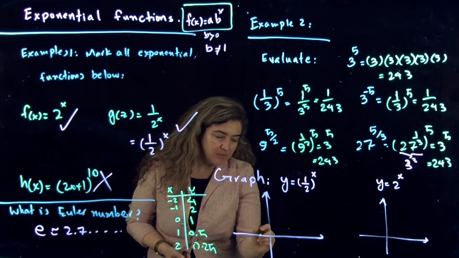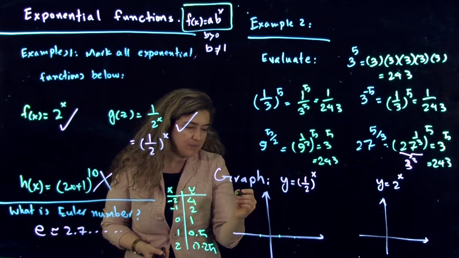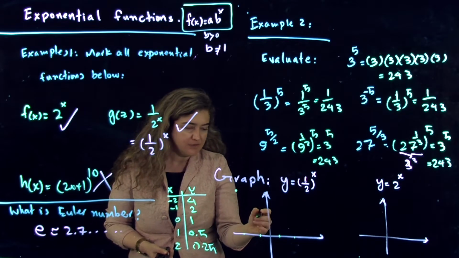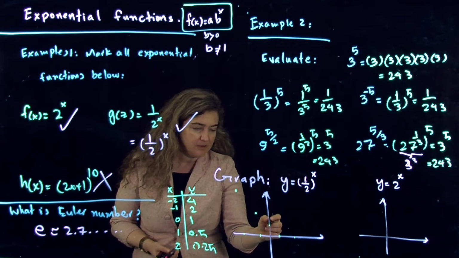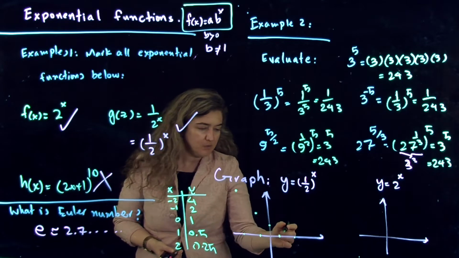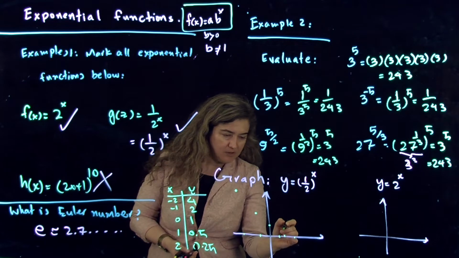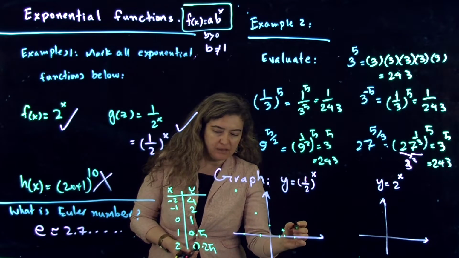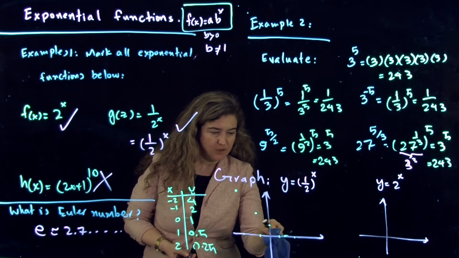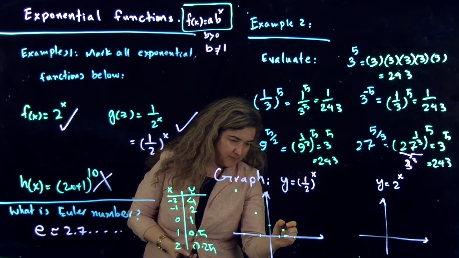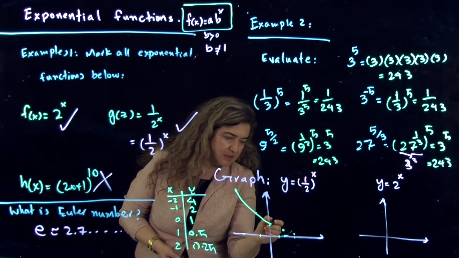So now I'm graphing it. At negative 2 we have 4 up here, then at negative 1 we have 2, then at 0 we have 1, then at 1 we have 0.5, and then at 2 we have 0.25. So it looks like this.